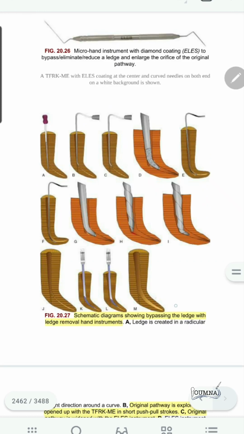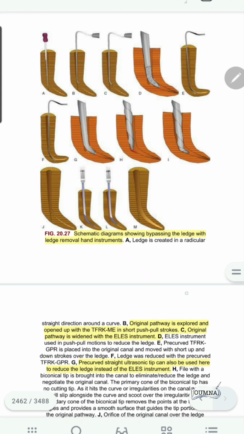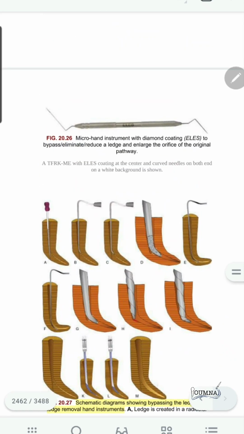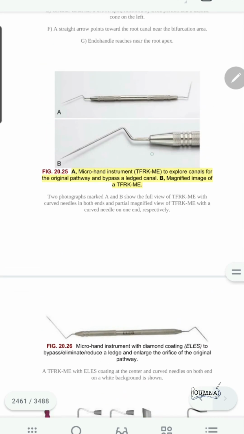This is another way to bypass the ledge. We first explore the area using hand instruments like these that are called the TFRK.